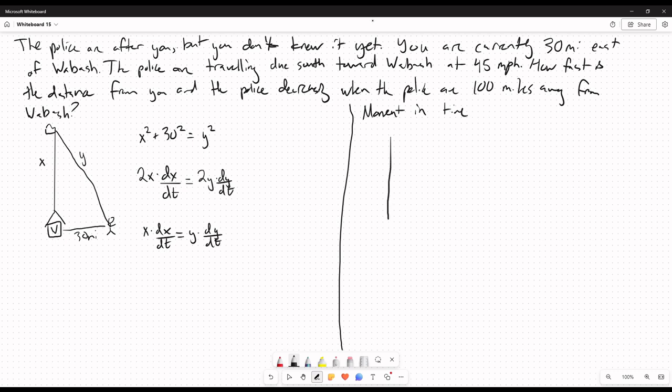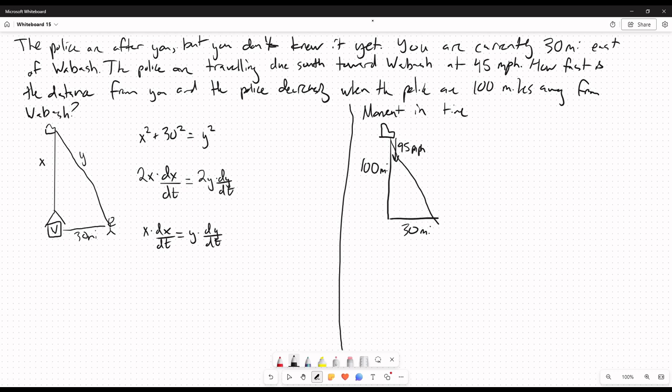So at this specific moment we're given, the police are 100 miles from Wabash. I am still just 30 miles from Wabash. And the other thing we have is that they're traveling towards Wabash at 45 miles per hour. So I'll draw my little picture there. What does this tell me?